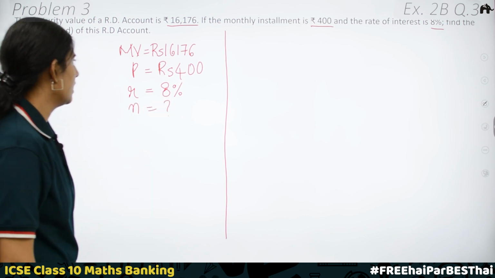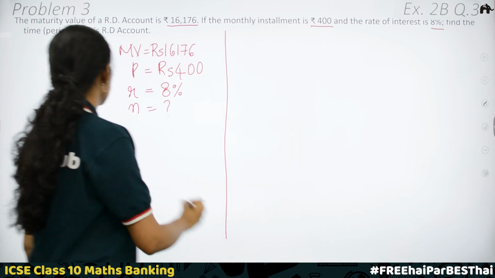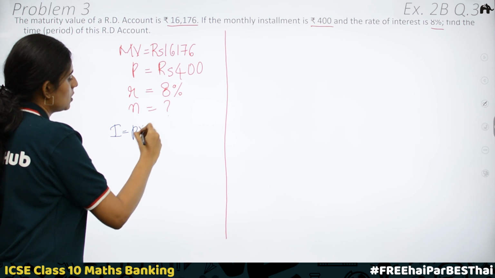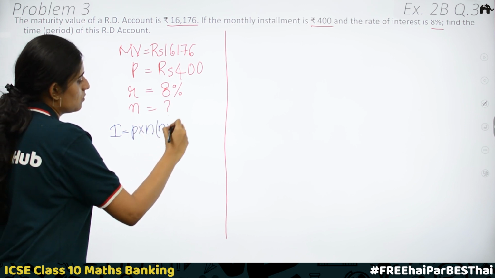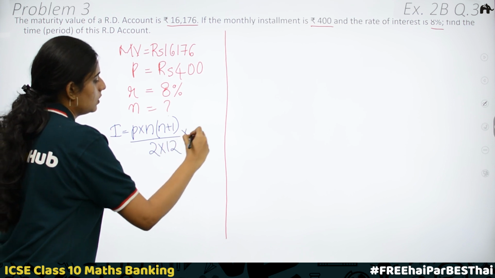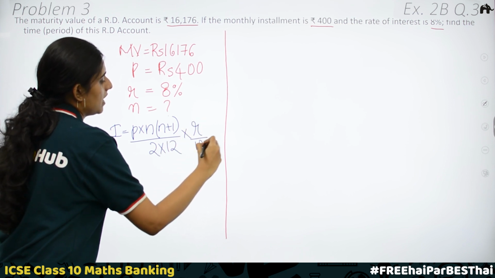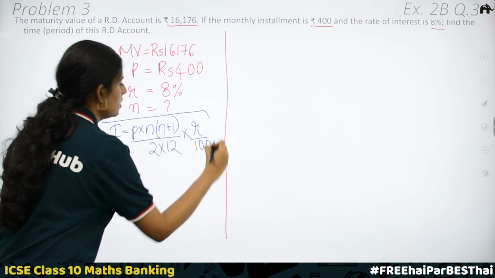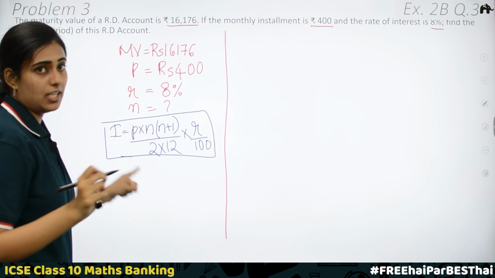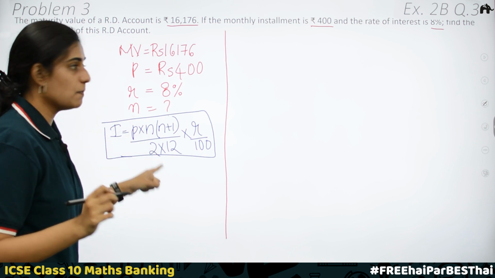We have interest I is equal to P into N into N plus 1 divided by 2 into 12 into R divided by 100. Write this equation, put inside a box because this is very important and it carries marks.